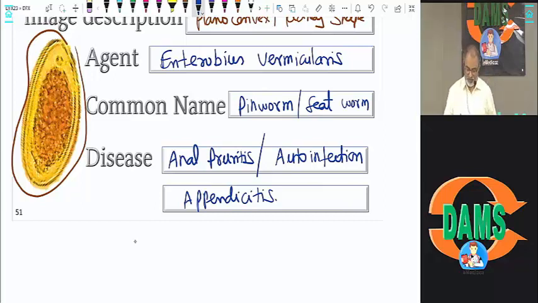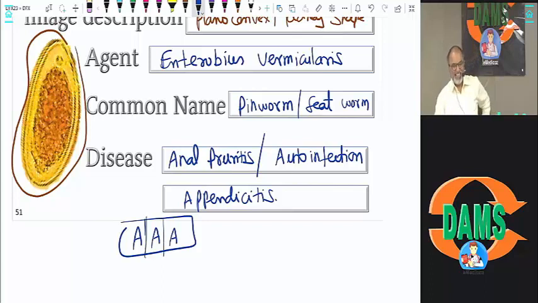Yes, Kamal is firing. So what is the mnemonic? Right, should not forget. And I can add one more A also. Treatment: albendazole, mebendazole. One more A.